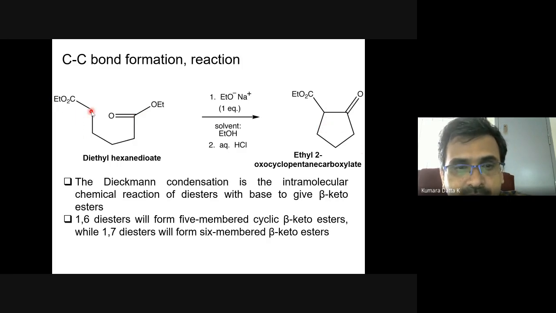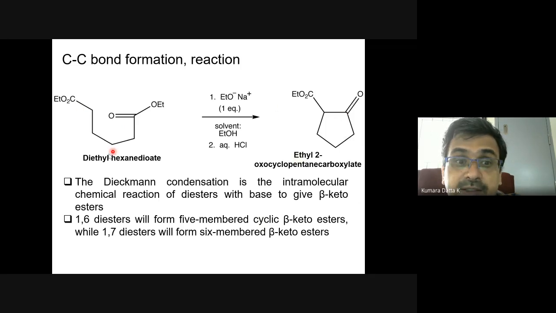So this carbon comes and attacks here, in intramolecular chemical reactions of diesters which give rise to beta keto esters. These 1,6 diesters give rise to five membered cyclic beta keto esters.